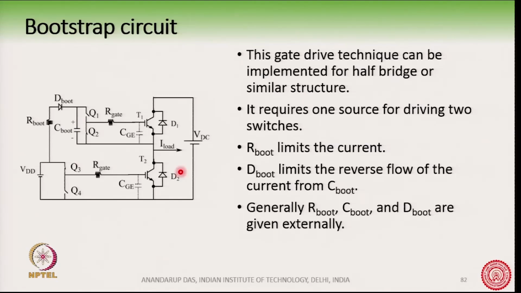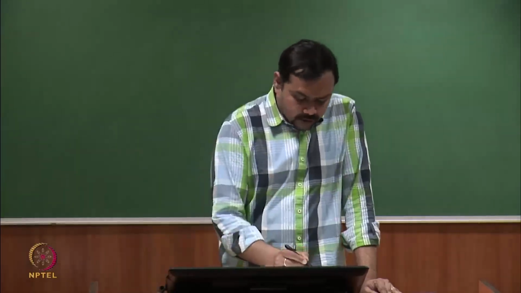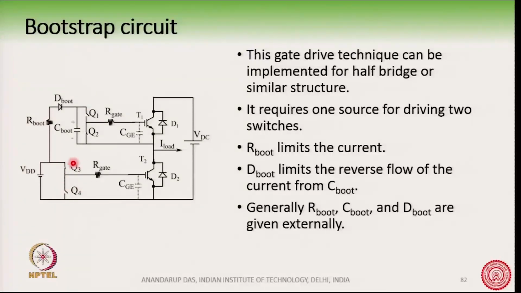So, the bootstrap basically requires this R boot, D boot and C boot externally, because nowadays the gate driver ICs come along with this bootstrap functionality. So, Q1, Q2, Q3, Q4 is also part of the gate driver circuit, it is inside the IC.